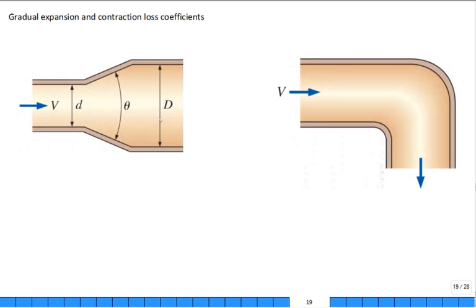If you have gradual expansions, it's better. If it's sharp, it's worse. So if you have a gradual increase, the K can be reduced. If you have an elbow, the K on an elbow is around 0.30 for a 90-degree standard radius elbow. If you have a long radius elbow, it can be smaller. You're just trying to help it move and curve.